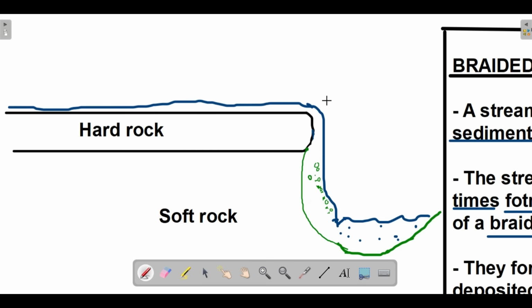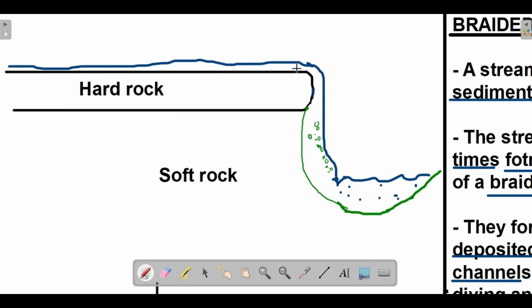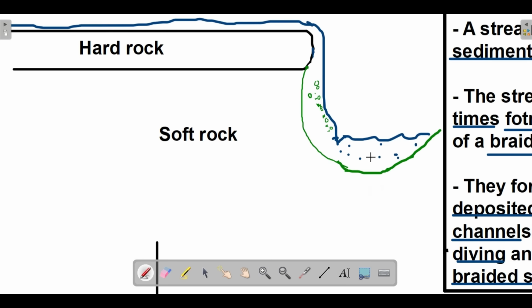Now, because the river is flowing on the softer rock, it will develop this plunge pool. This area here, we call it a plunge pool. The river flows onto this plunge pool, and all of this removed material flows onto it.